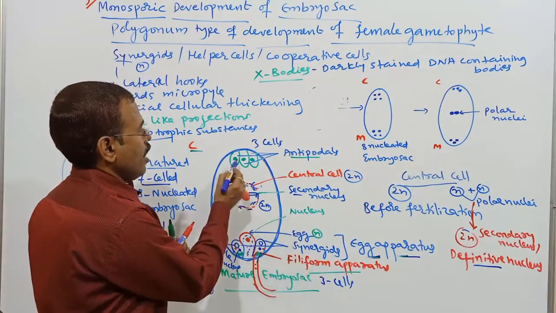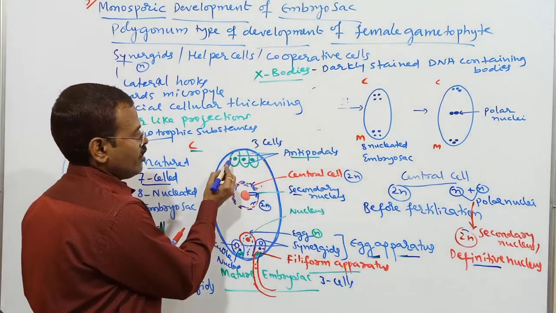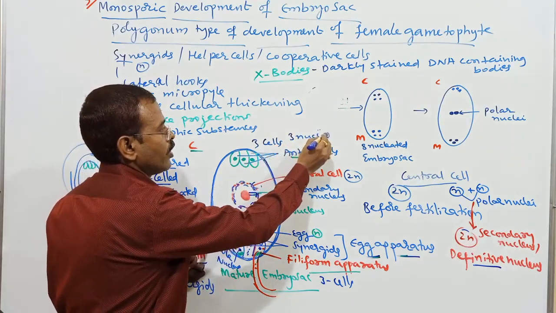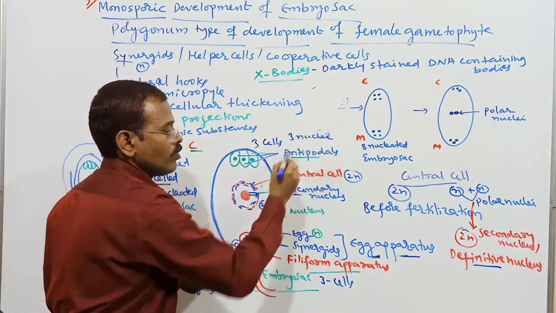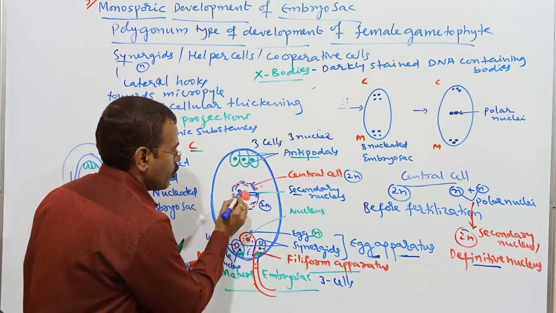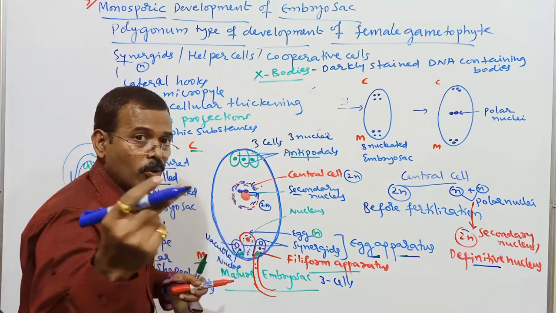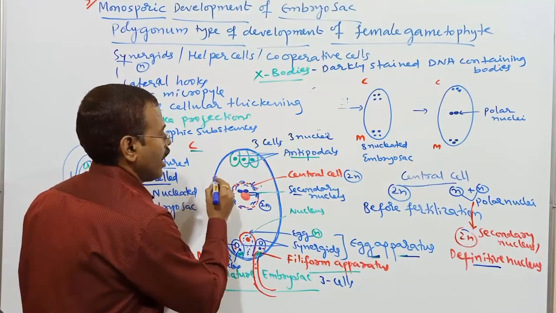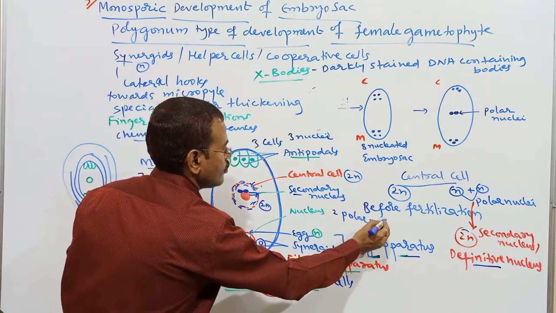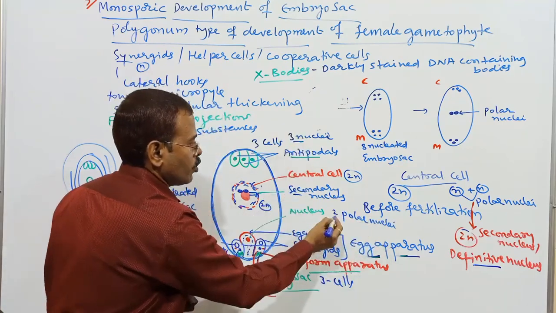See here. Antipodals, 3 antipodals, each 1 nucleus. So 3 nuclei here. In the center, secondary nucleus is formed due to the fusion of two polar nuclei, so in the center we have 2 polar nuclei. 3 plus 2, 5.